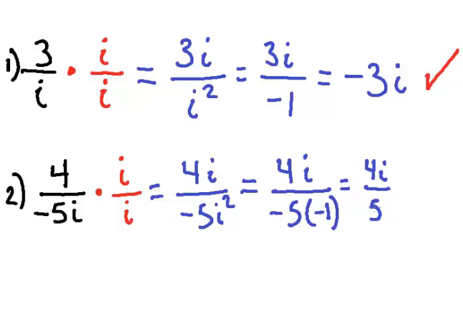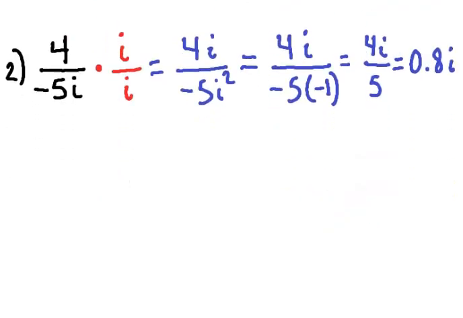In this case, if you divide, you get a normal decimal. You get 0.8. So that is a valid answer if you decide to leave it as a decimal, or if you decide to leave it as a fraction. We could put 0.8i, and that will be the answer for that exercise. If you notice, we're just multiplying with the imaginary unit every time we only have one thing here. If we have only an imaginary number, we multiply with the imaginary unit.